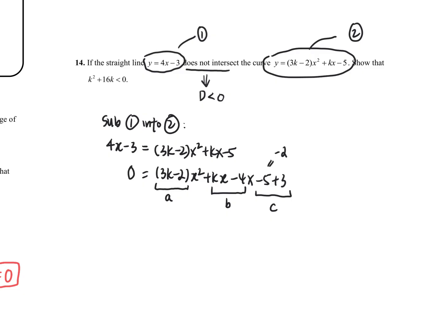So once you have that, they tell you that the discriminant is less than 0. You will use that info. So b squared minus 4ac is less than 0. So you go and simplify.